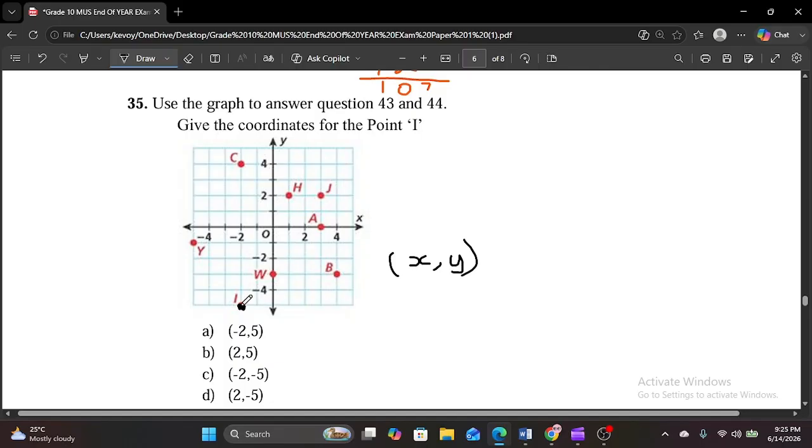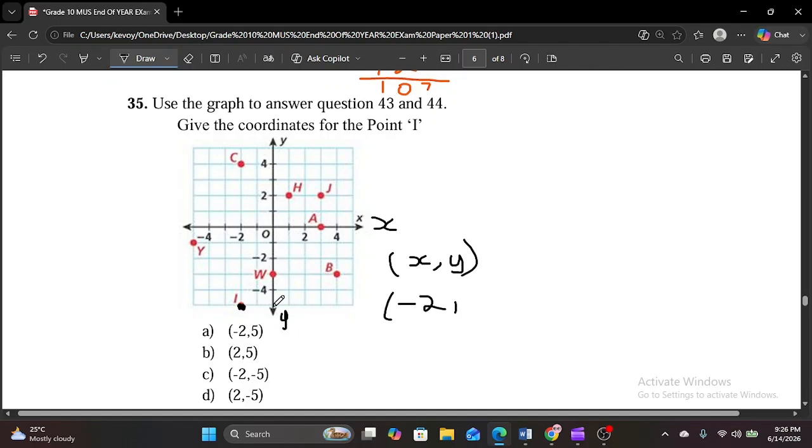So looking at this right here, the x-axis goes across and the y-axis goes up and down vertically. So on my x-axis, I is going to be negative. I is on the negative 2 for the x-axis, and for the y-axis, I is at... so we're increasing 1, 2, 1, 2.